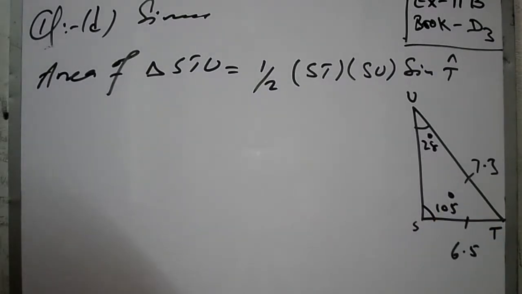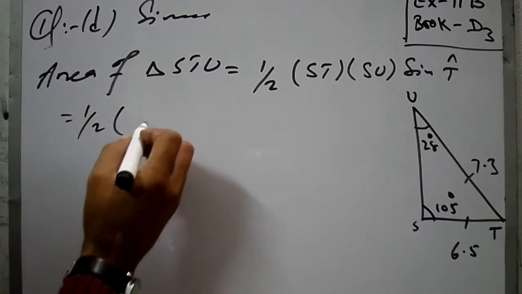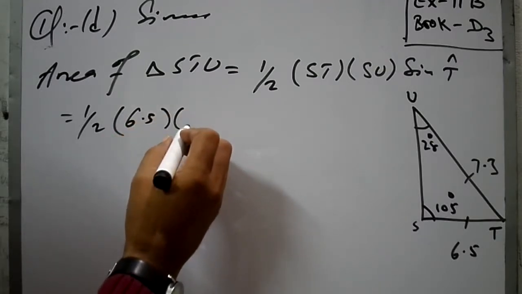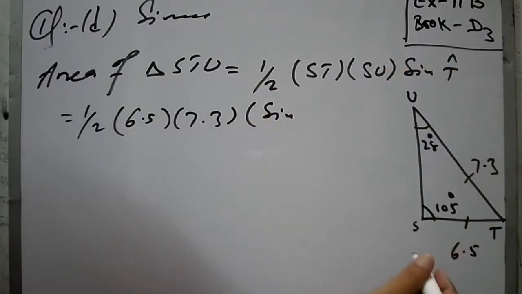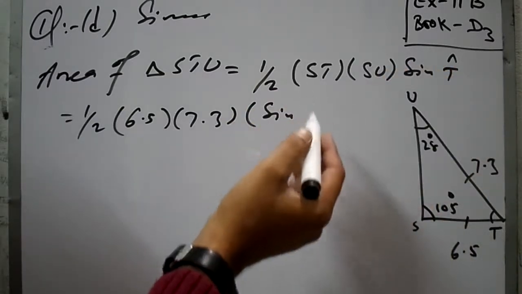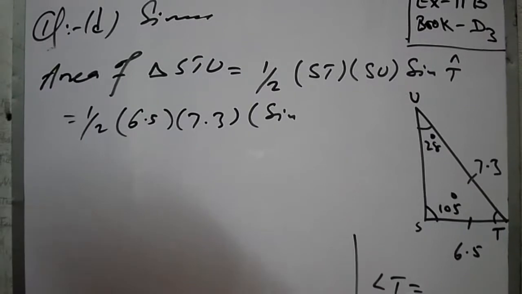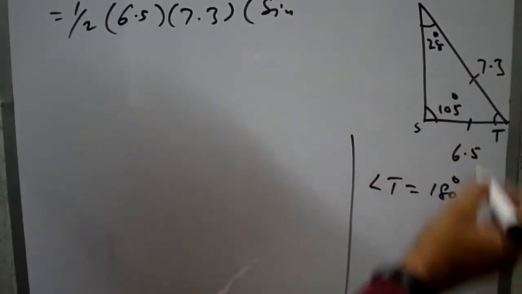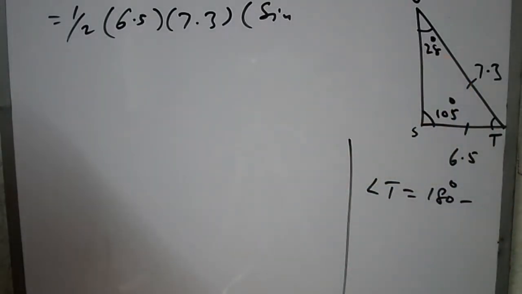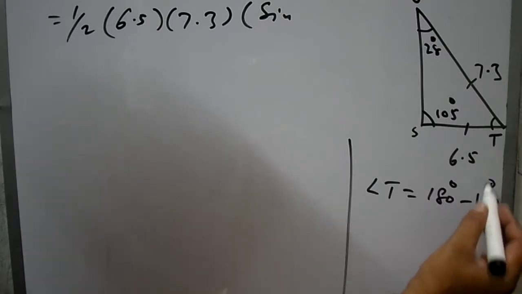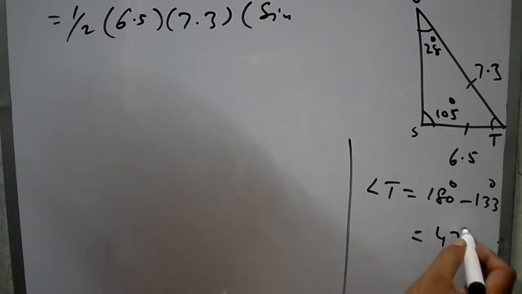So that is equal to half into the value of ST is 6.5 and 7.3, and sine T, we don't have the value of T because it is unknown to us. How can we find it? Angle T is equal to 180 minus the sum of these, so 105 and 28, you will get 133 degrees, so that is approximately 47 degrees.